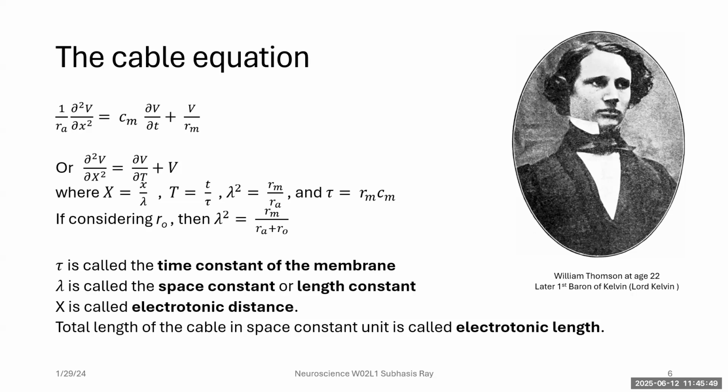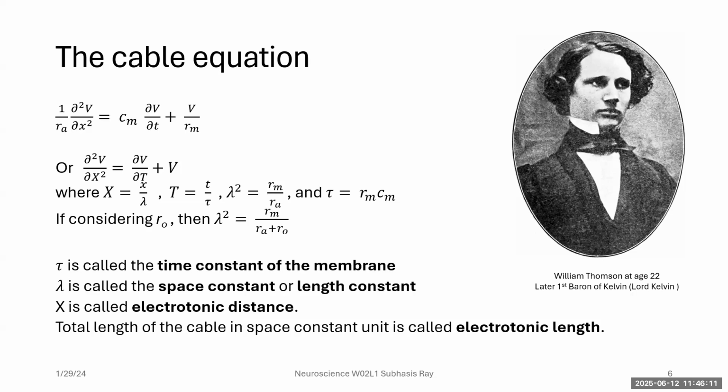Okay. If we make this change of variable, then these parts will vanish. They cancel out. And what you have is del 2v by del x2 equals del v by del capital T plus v. Okay, this is a much simpler equation and it helps the solution.